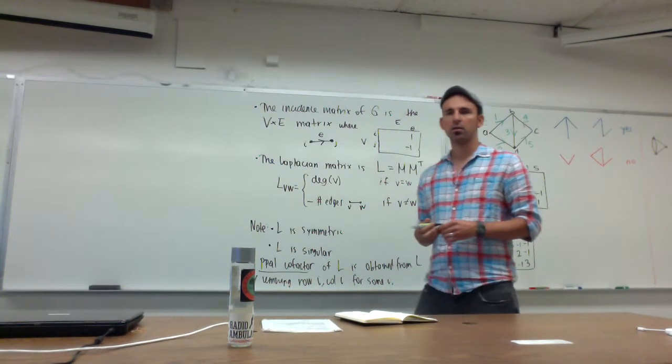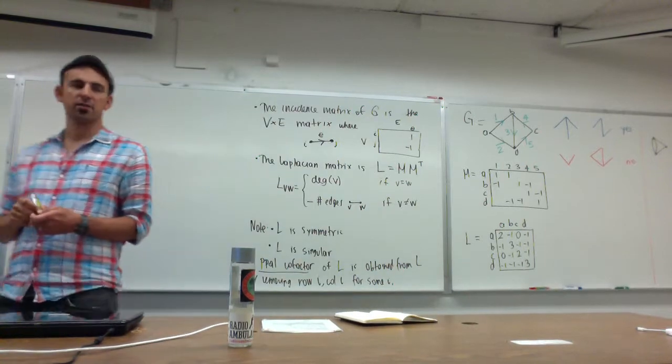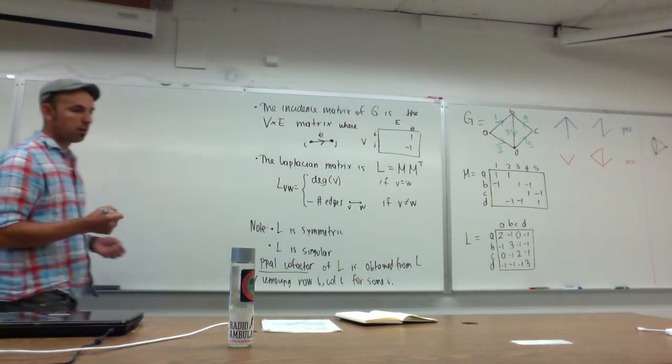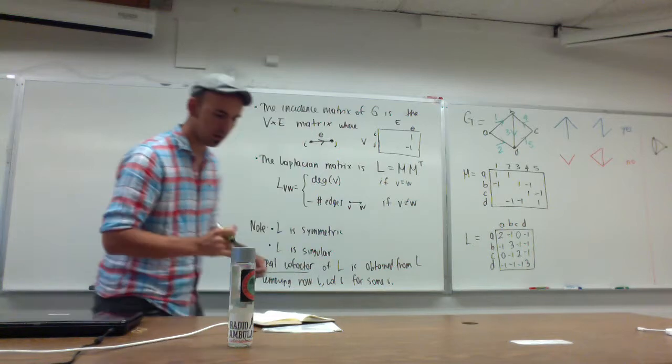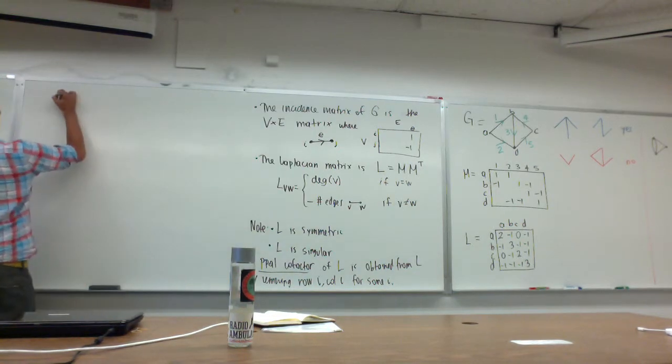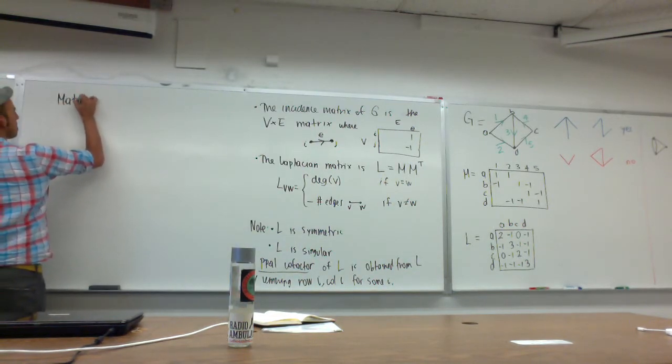Okay. So there's n cofactors where n is the number of vertices. And so here's the theorem that I would like to prove. This is called the matrix tree theorem.